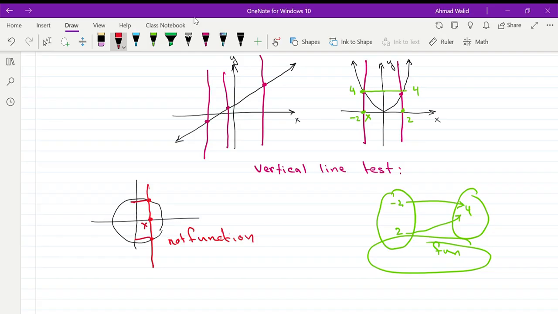For example, when x is 1, y is 2 and y is negative 2. One x goes to two y's. That's my car. I cannot go at the same time to two roads. I cannot be in two classes at the same time. I can only be in one class. But I can teach different classes at different times.